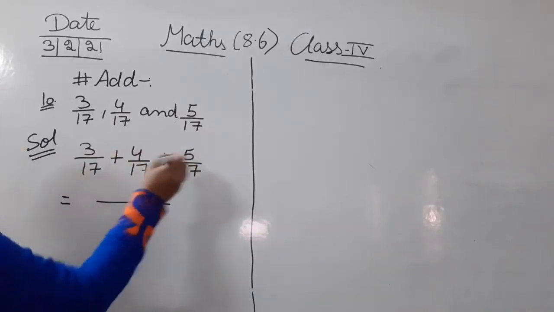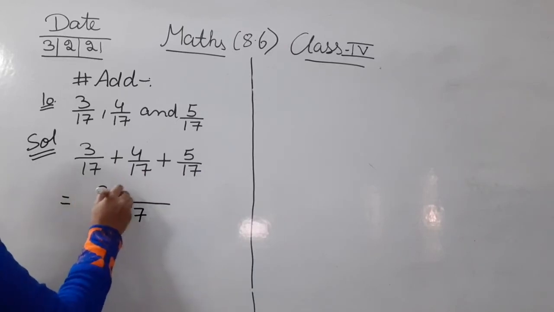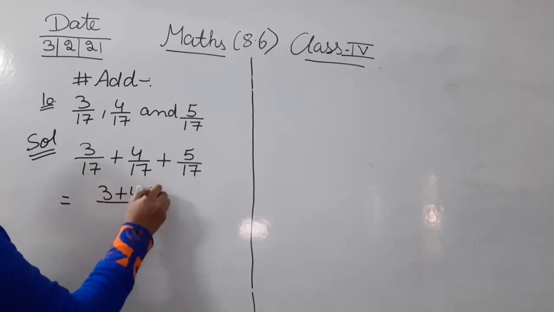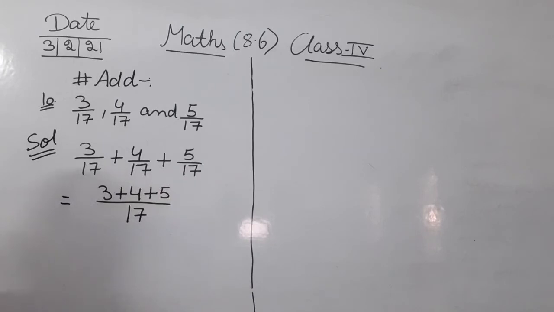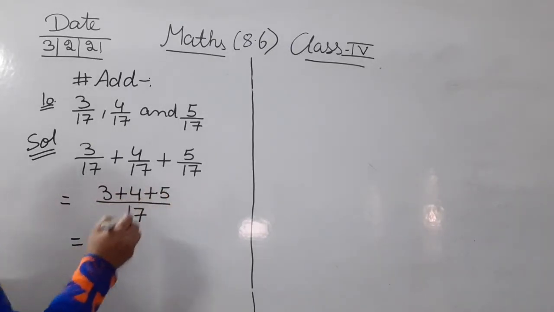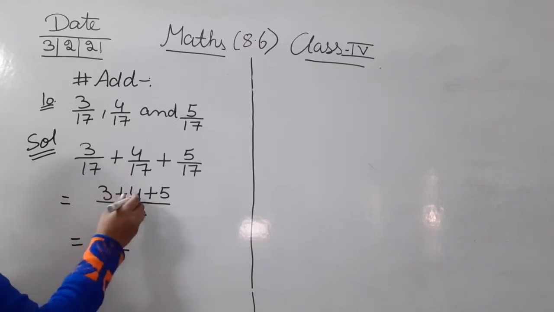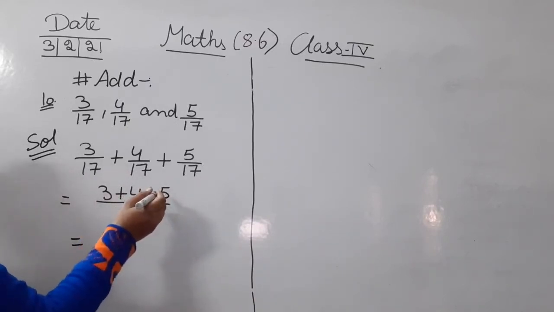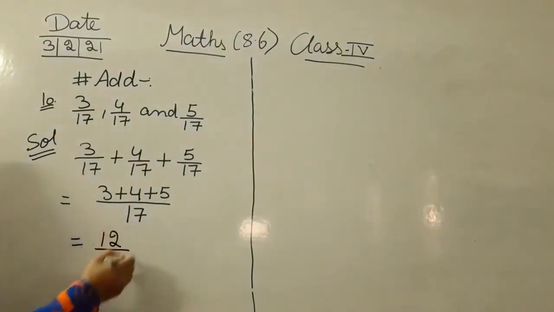Now add the numerators, 3 plus 4 plus 5. 3 plus 4 is 7, 7 plus 5 is 12. Now the denominator is 17.